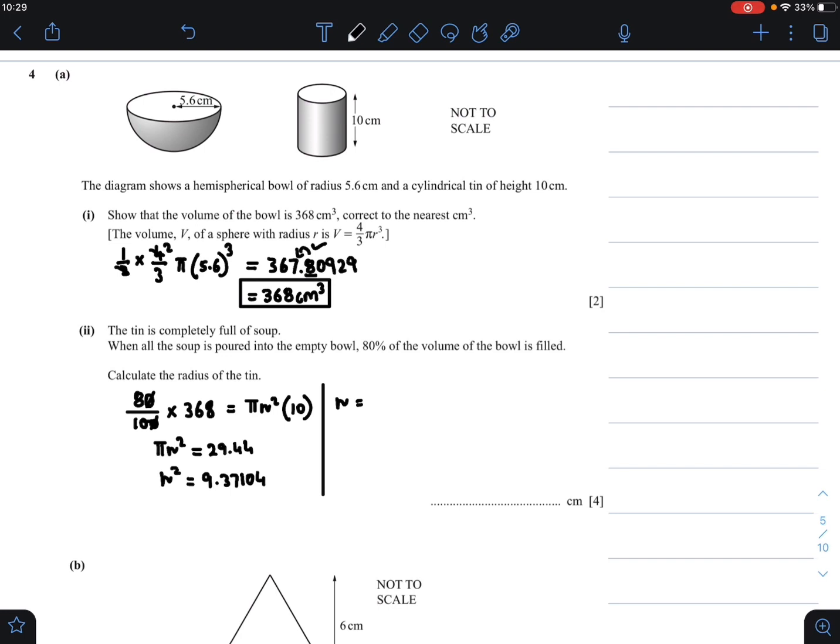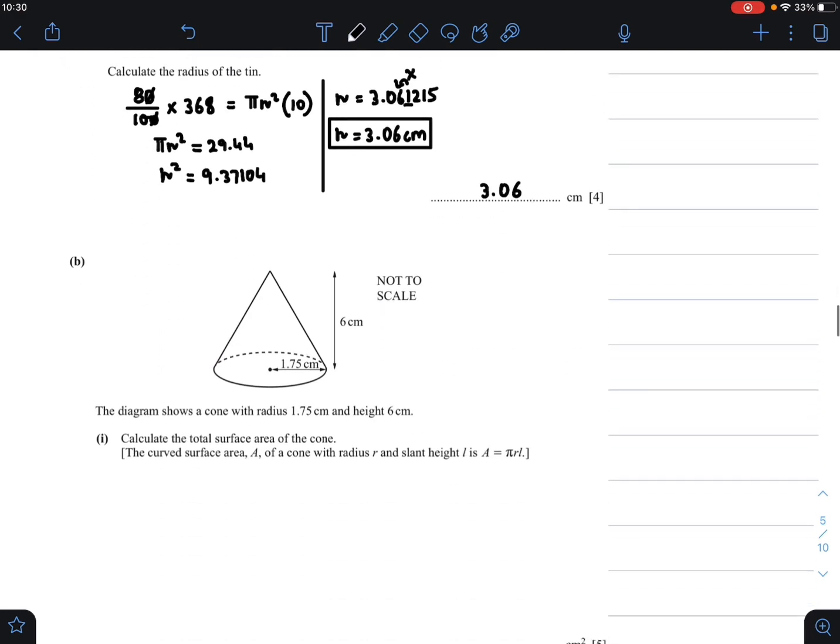The square root of this is equal to 3.061215. Therefore the radius will be equal to 3.06 centimeters, because you have to give your answer in 3 significant figures. The fourth significant figure in this case, which is 1, is less than 5, so it won't round up the third significant figure to the next number. Therefore 3.06 centimeters will be our final answer for part A2 of this question.